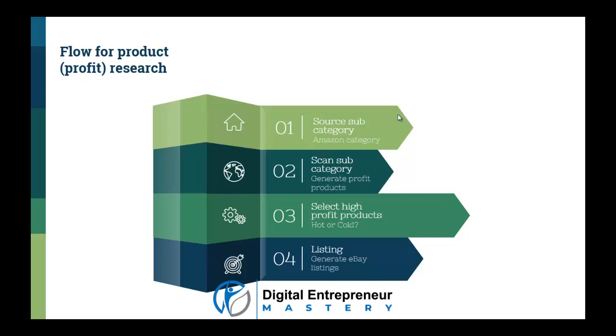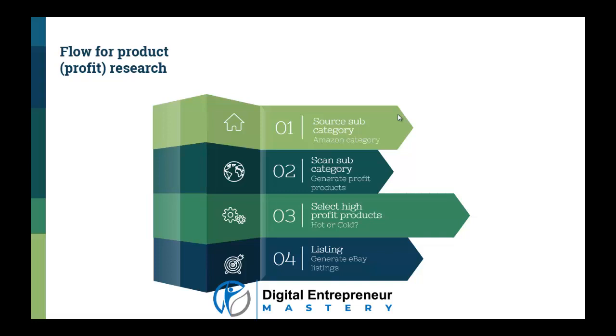So step number 1, you go to Amazon and select a subcategory. In this case, we want to target down to a particular category so that we can get cashback. This is one of the methods. Step number 2, we scan the subcategory and we're able to pick up products that are profitable or that are totally new to the market, and you can try to sell them.